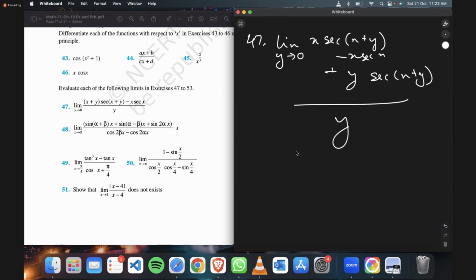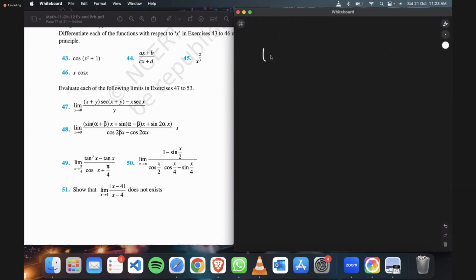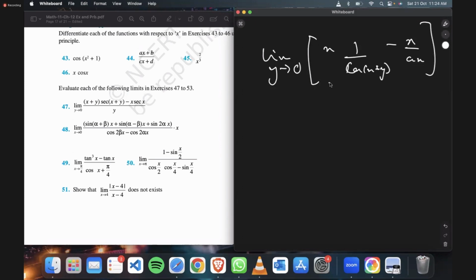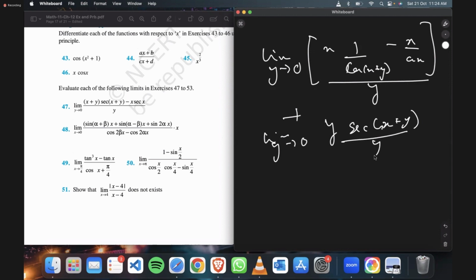Limit y tending to 0. All right, let's see what we can do with this. So I can write it like this: x times (1 by cos(x+y) minus 1 by cos x) whole thing divided by y, plus limit y tends to 0, y times sec(x+y) divided by y.